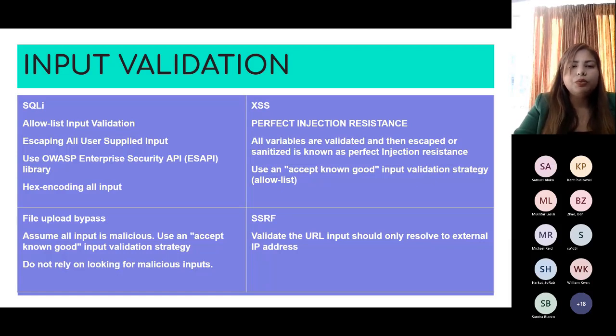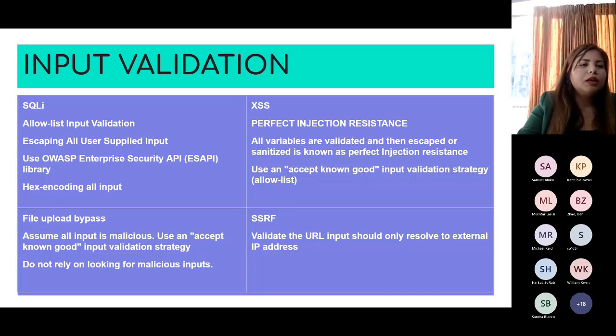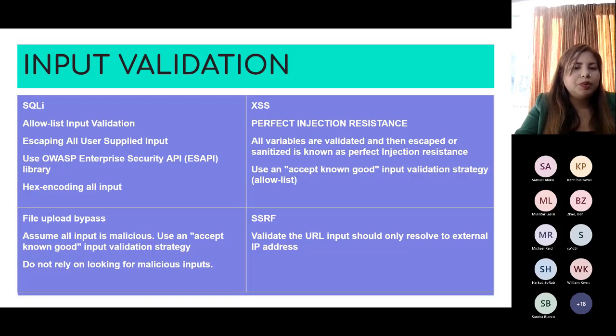Again, file upload bypass also has this thing. For example, we are uploading a PHP file. Now, this application creator did not accept PHP, but it may accept PHP 5. And that is not a good idea, because attackers can find different extensions like php.jpg that can also be accepted.